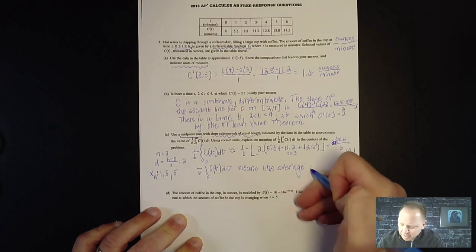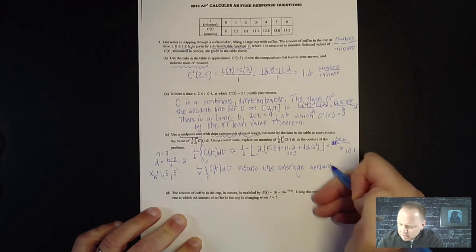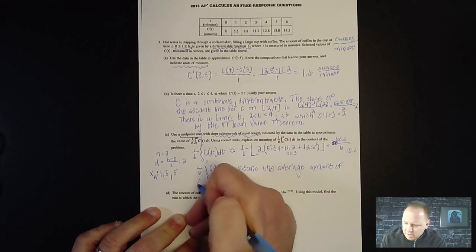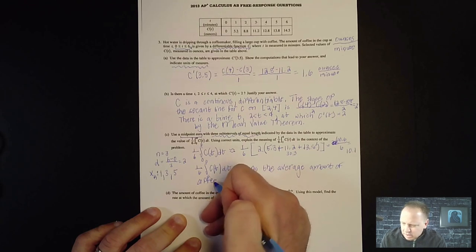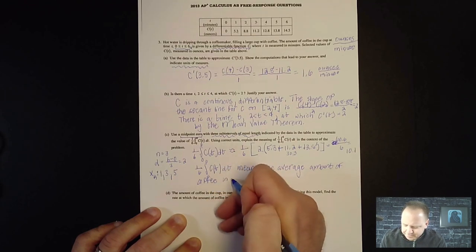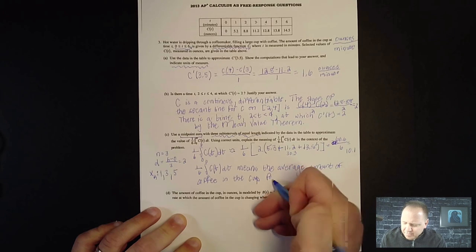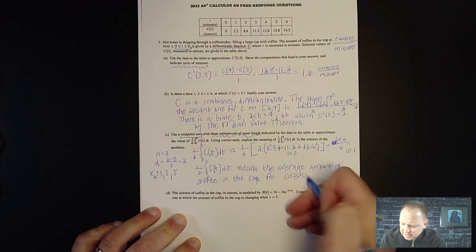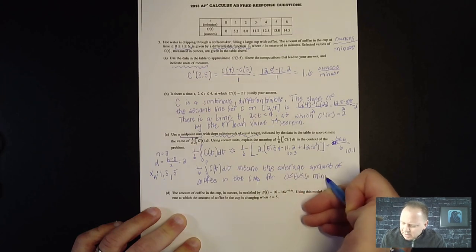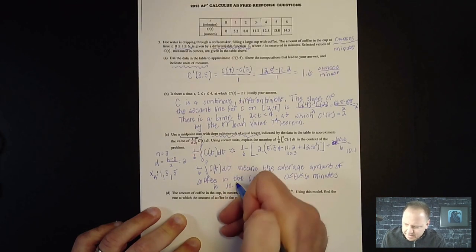So average amount of coffee in the cup for t greater than or equal to 0 and less than or equal to 6 minutes is 10.1 ounces.